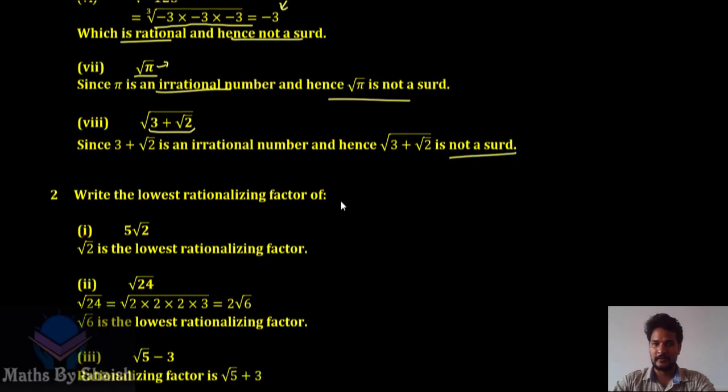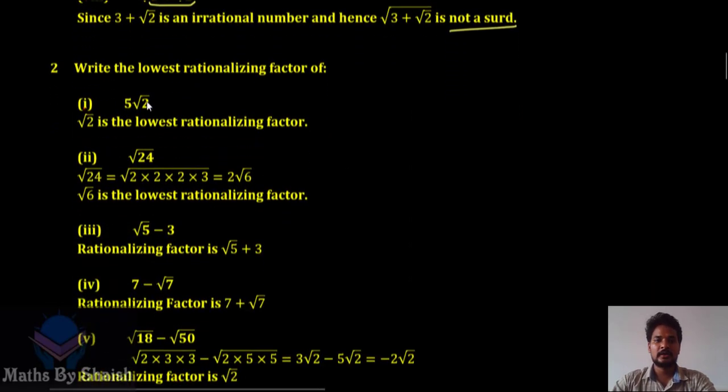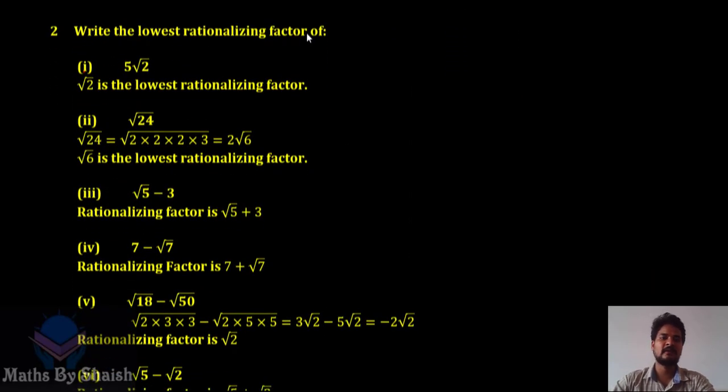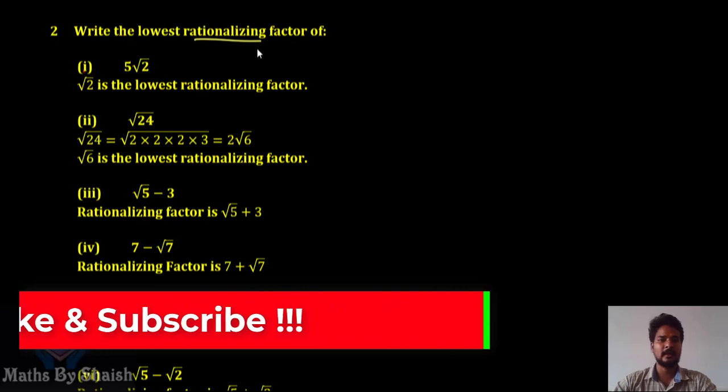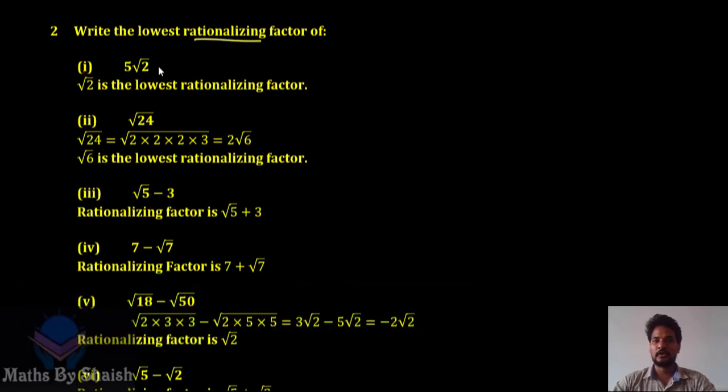Now we need to find the lowest rationalizing factor. Again, rationalizing factor means an irrational number by which we multiply to make it rational. So we always find the lowest rationalizing factor, and here we have 5 root 2.